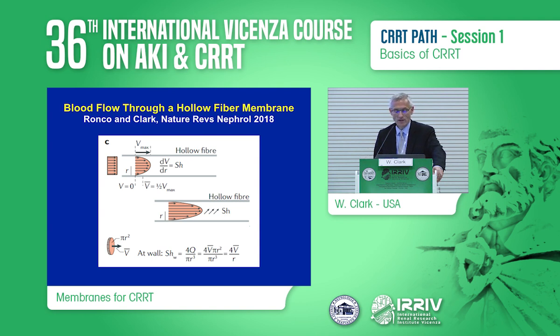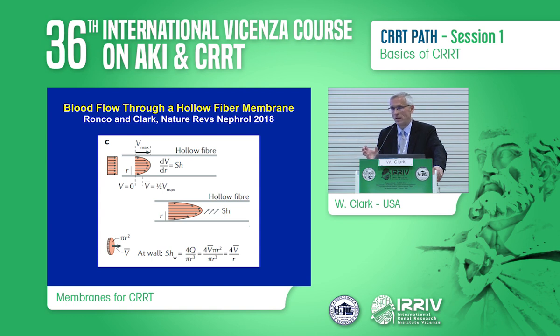And if you look at just some of the equations based on, again, the fundamental assumptions of Newtonian flow of a laminar fluid, you can estimate the velocity gradient, in other words, the shear rate at the membrane surface, to be 4 times the average velocity divided by the radius of the hollow fiber.